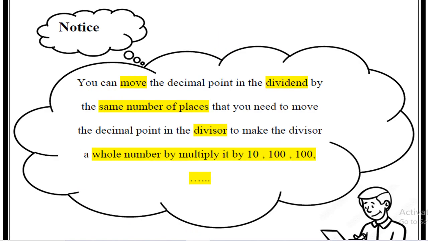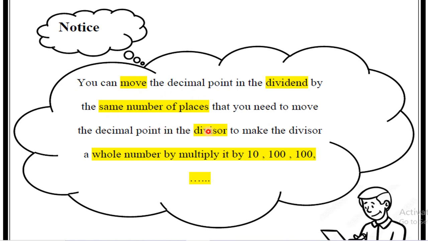Now, here we have to note that you can move the decimal point in the dividend by the same number of places that you need to move the decimal point in the divisor. Which means if we make the divisor times 10, we will make also the dividend times 10. If we make it times 100, the dividend times 100.